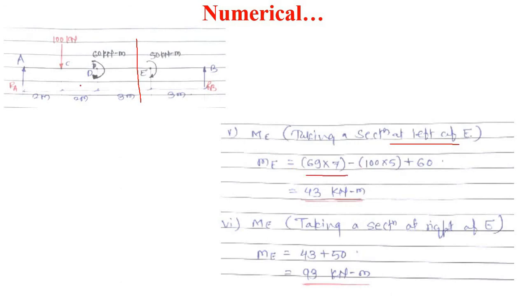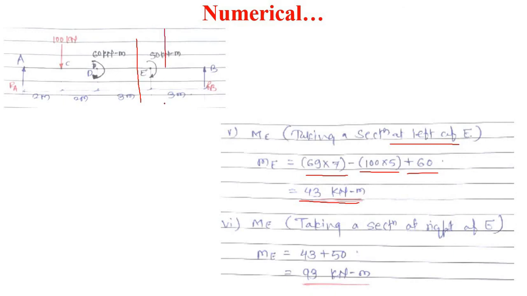Then 100 into 2 plus 3, 5, it is minus 100 into 5, plus the 60 kilonewton moment at point D, plus 60 here. So the bending moment at point E will be 43 kilonewton meter when we take a section just at the left side of E.